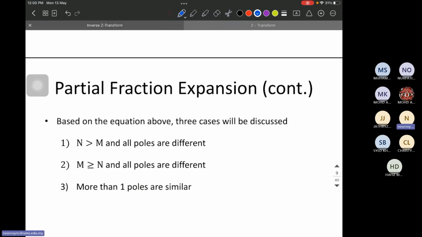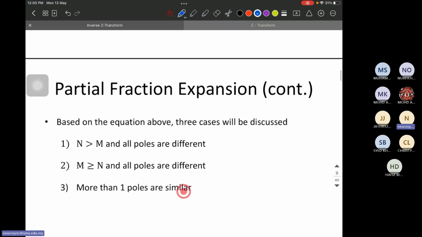And the third case is where more than one pole is similar. There may be two poles similar, three poles similar, like this. So these are the three cases.